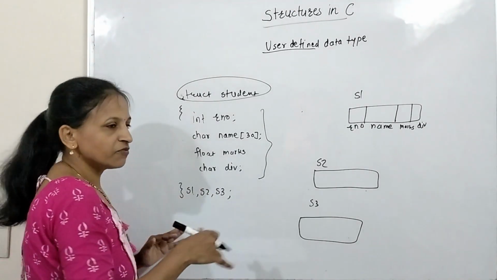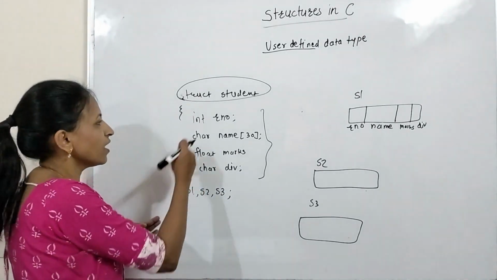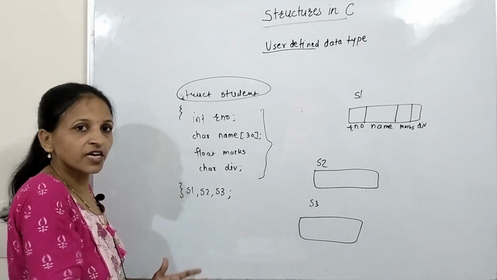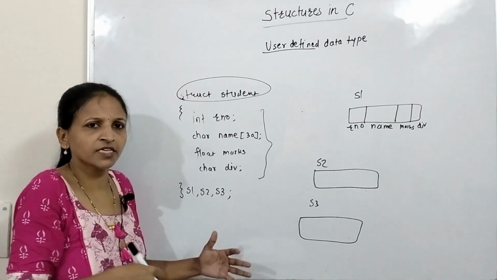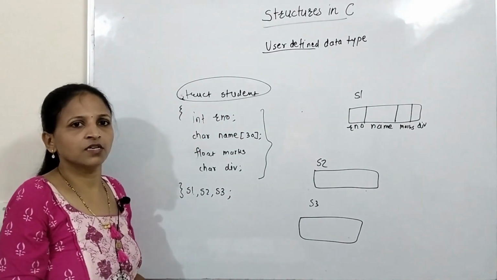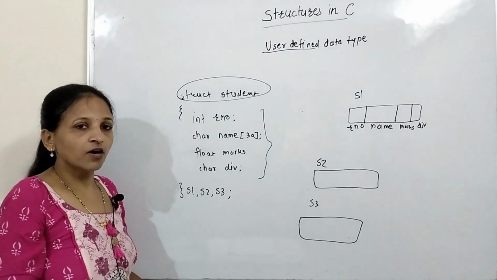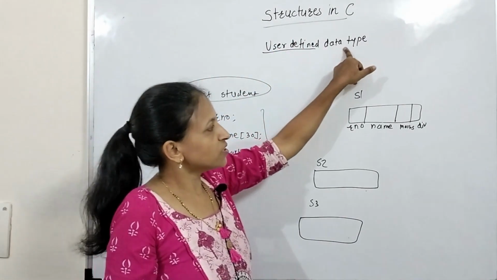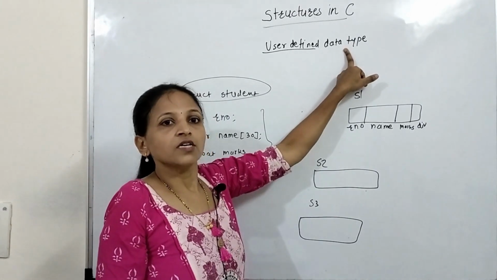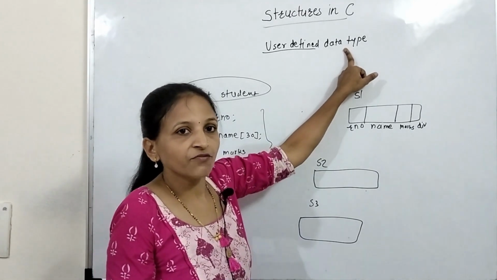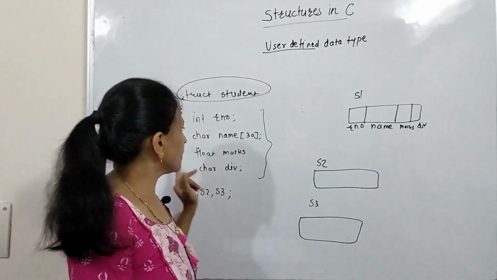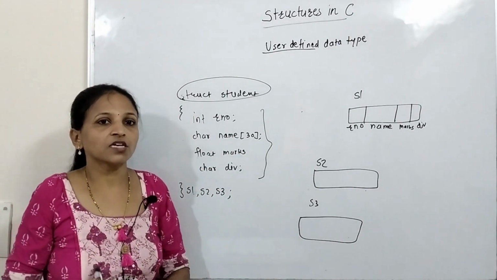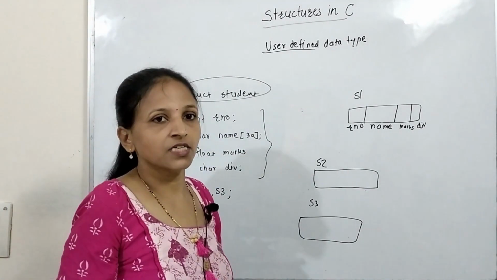All will have the same information with them, like S1 will have roll number, name, marks, division. S2 again will have roll number, name, marks, division. S3 will have again all this. Getting? Now here what is structure? Structure is a user defined data type. Structure is a way to create a user defined data type that will represent information about any particular entity.